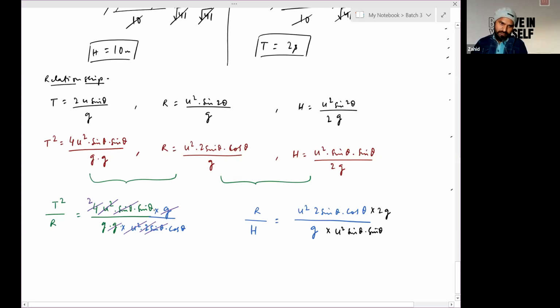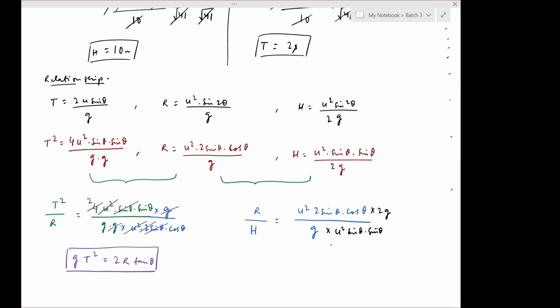So we're left with 2 sine theta and cos theta on the right hand side, and t square over r and g on the left. If you rearrange it, you will get g t square equals 2 times r tan theta, since sine theta by cos theta is tan theta. This will be your first relationship between time of flight and range. Is it clear?